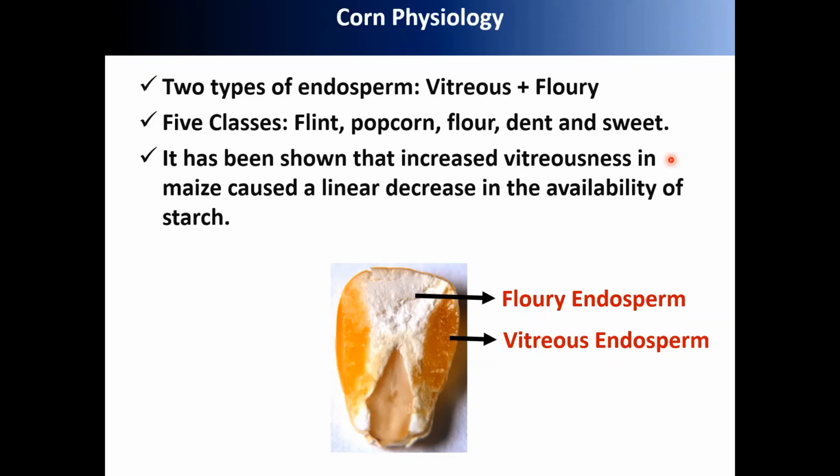Hard kernels have a higher percentage of glossy endosperm. Soft kernels have a higher percentage of floury endosperm, and intermediate kernels have an even distribution of glossy and floury endosperm.